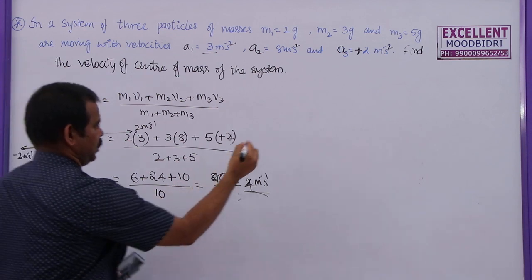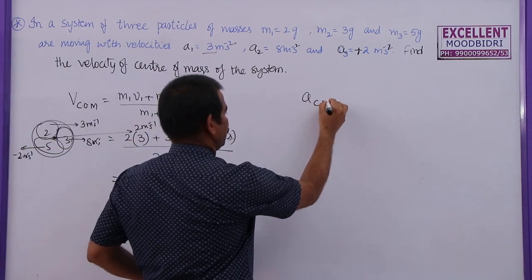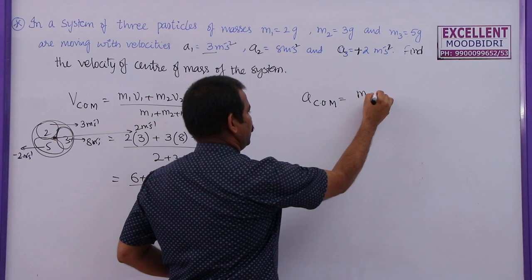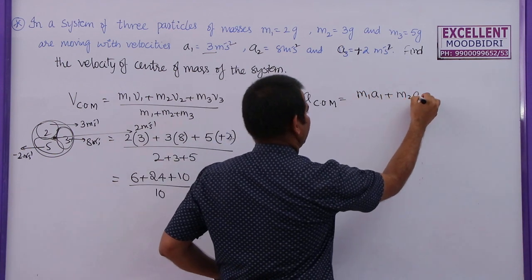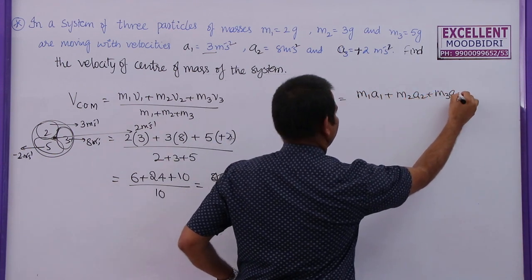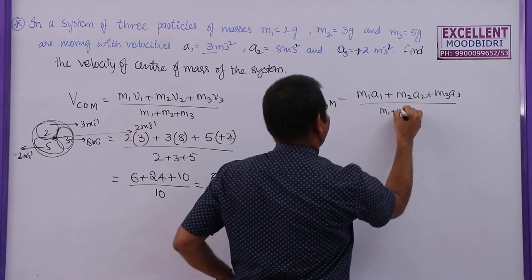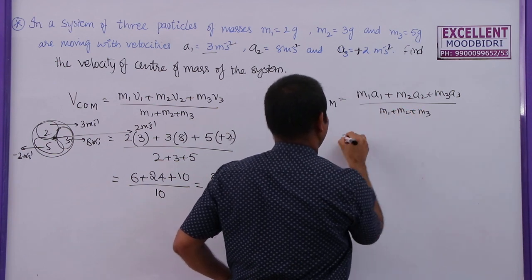What is the acceleration of center of mass of the system? The formula is (m1 a1 + m2 a2 + m3 a3) / (m1 + m2 + m3).